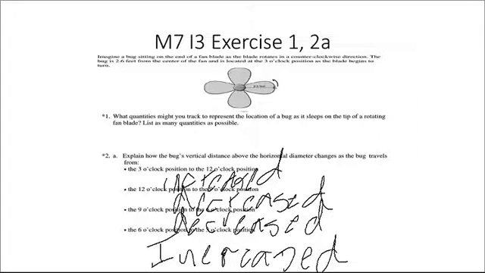Okay, so question 2 asks us to explain how the bug's vertical distance above, that's key, above the horizontal diameter changes as the bug travels from 3 o'clock in this first bullet to the 12 o'clock position. And we could go back to our animation, but I think it's intuitive enough just looking at our diagram here that its vertical distance is going to, from 3 to 12, clearly increase.